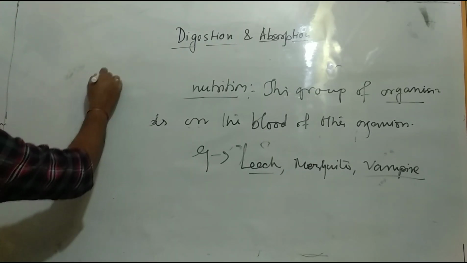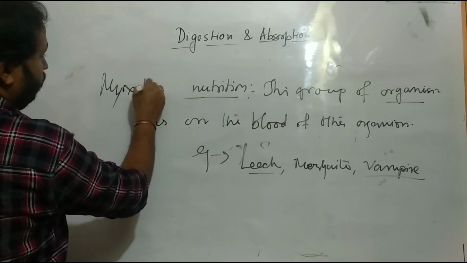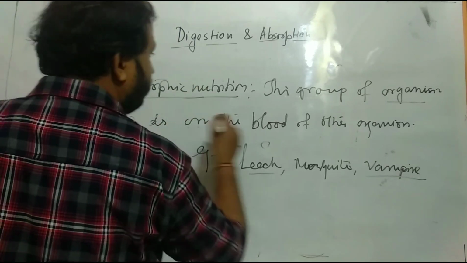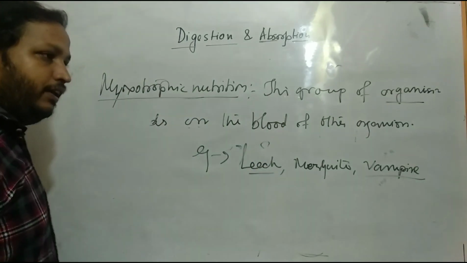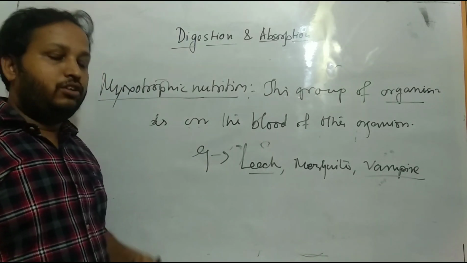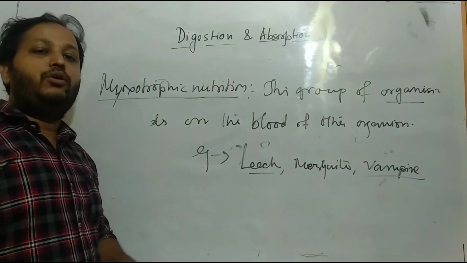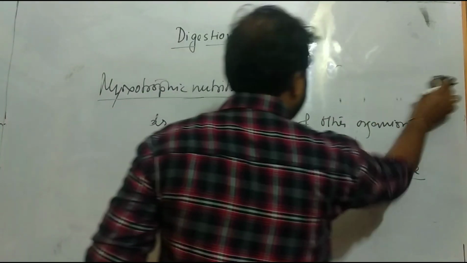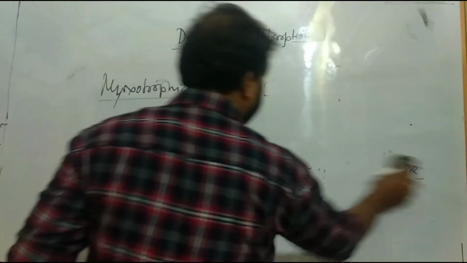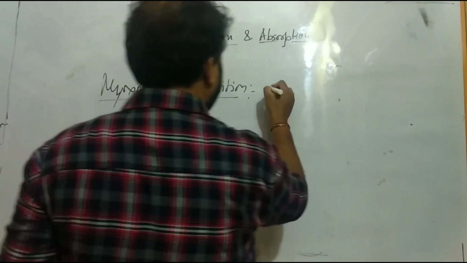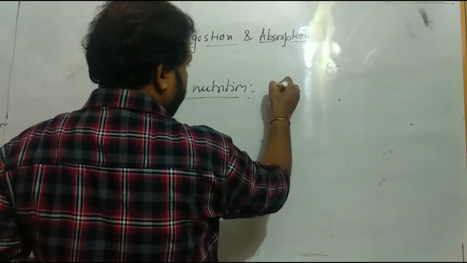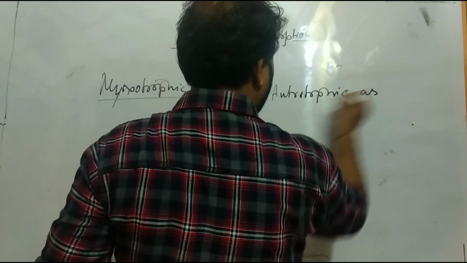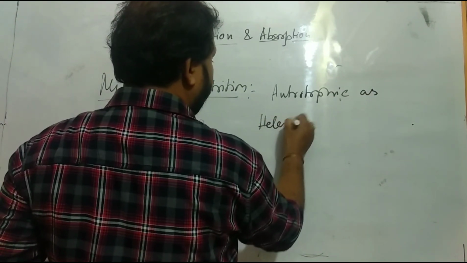Next we have mixotrophic nutrition. Mixotrophic nutrition means this group of organisms feeds on both plants and animals, but they also prepare their own food by photosynthesis. That means they undergo heterotrophic nutrition as well as autotrophic nutrition.